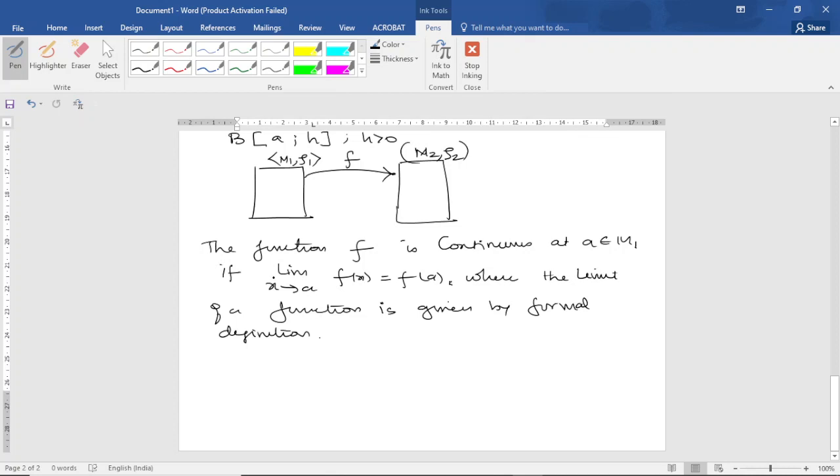This is the way to express the notation when a function is continuous at a point a.